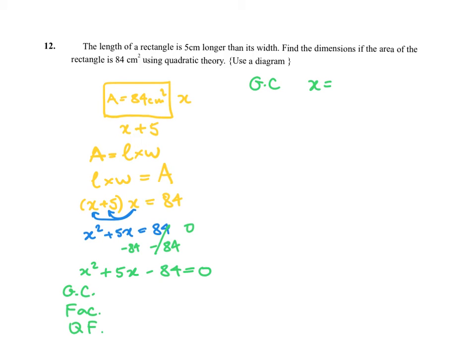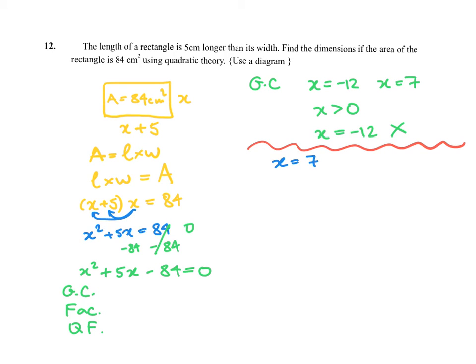One is x equal to negative 12 and another one is x equal to 7. Because we are talking about length, we know that length can't be negative or 0. So x has to be bigger than 0. Therefore x equal to negative 12 won't be used. The only value of x that we're going to consider is x equal to 7.